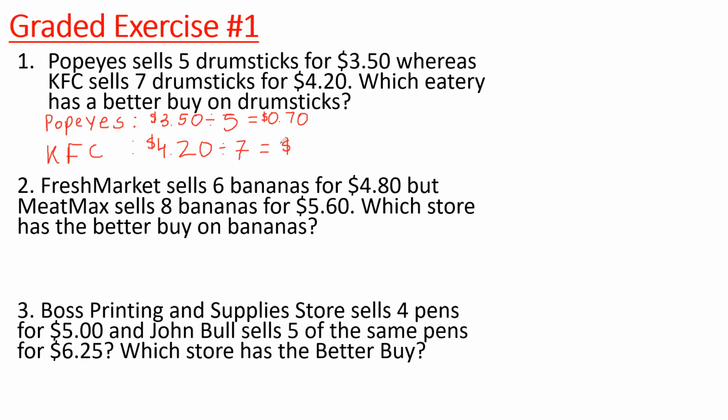What is the unit price? 0.60. 0.60. Very good. All right, perfect. So that means that Kentucky is the better buy. KFC has the better buy on the drumstick.